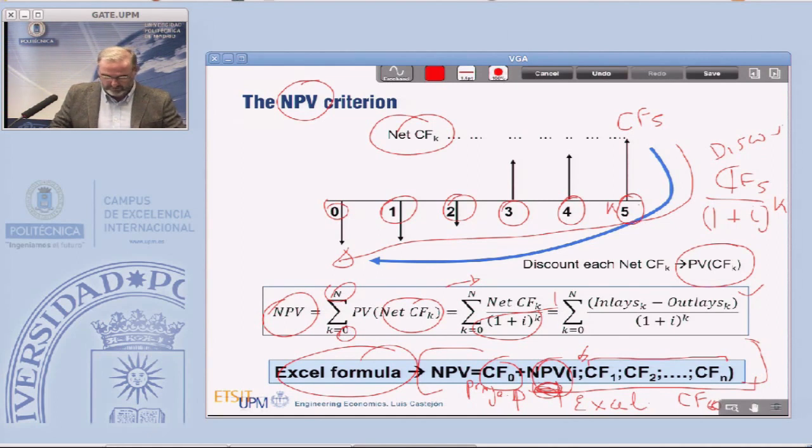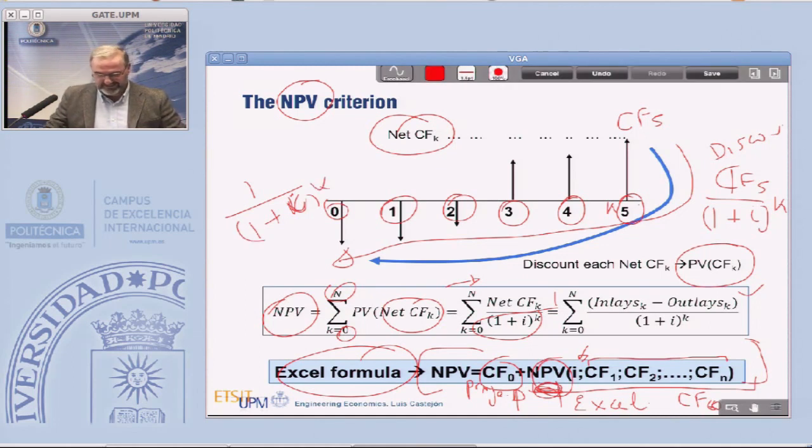So as we want to know the net present value of the project, we have to include the cash flow of year 0. This is an obvious question I would like to ask you. Why don't we divide the cash flow of year 0 by the term 1 plus the cost of capital i to the k power?